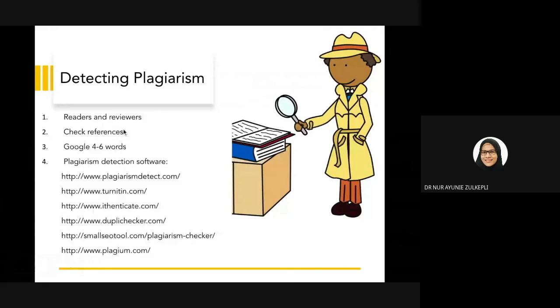That's why I'm suggesting you to use the referencing manager. Okay, and you can Google, like you can copy paste your sentence in Google, and you can look which website they direct you if you plagiarize from internet source, right?